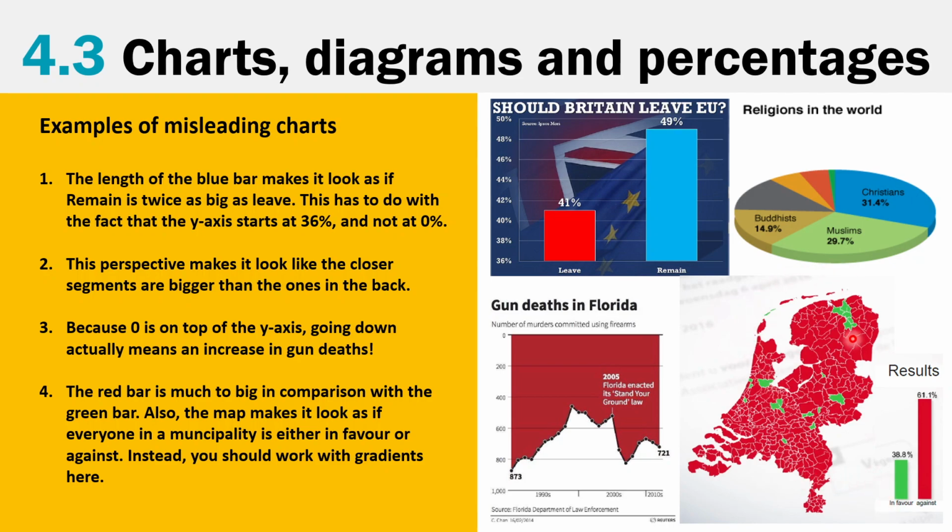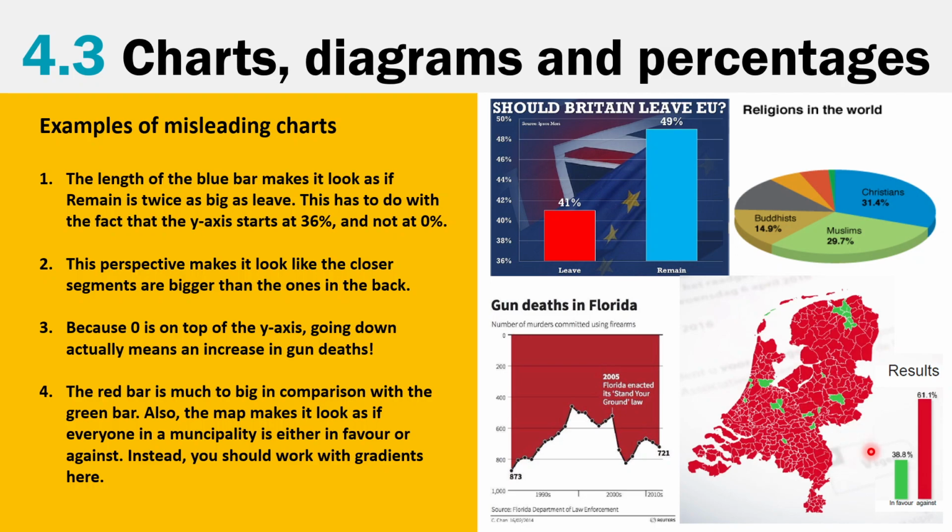Also, if you're going to color this in a map like this, and that's not really commenting on the graph but more on this drawing here, this is a terrible way to make this map, because if you're going to color it like this, it seems like a municipality is either in favor or against, right? And that's just not the case.